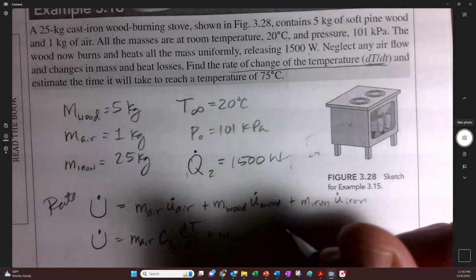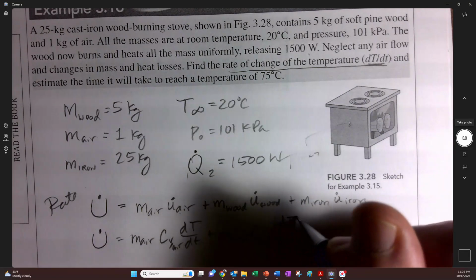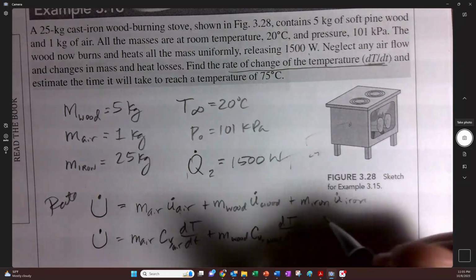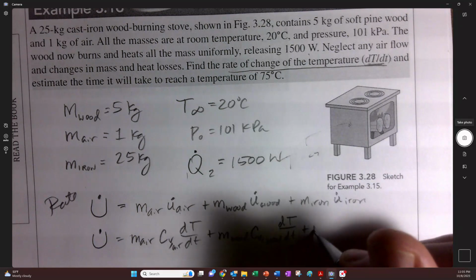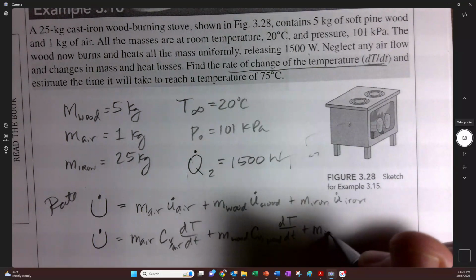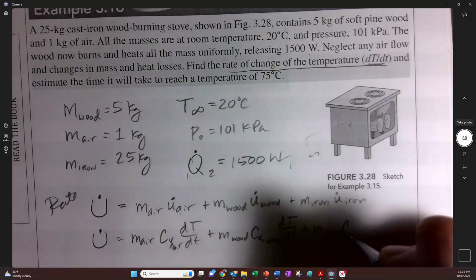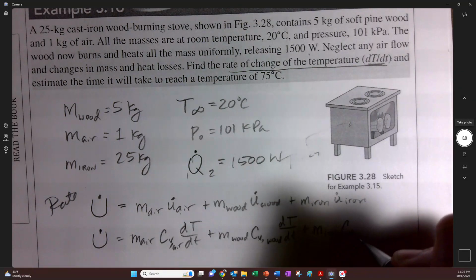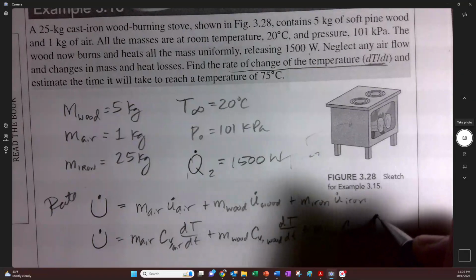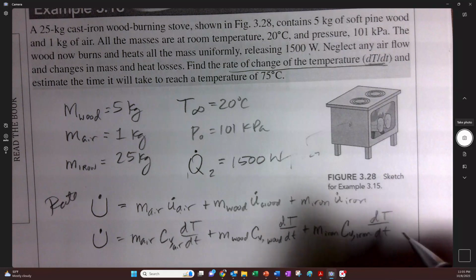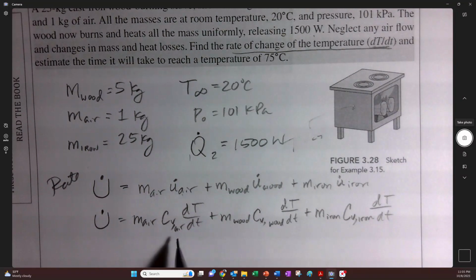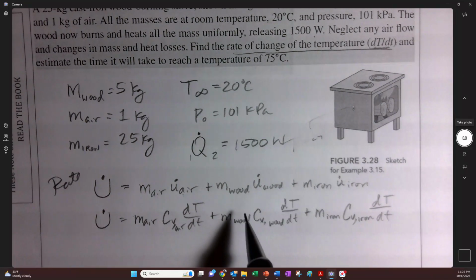I think they might do it in the back of the book, now that I think about it. But it says in the book that you usually just leave it out, and I think in the examples, they just leave it out. So here's the iron, dT/dt. And so you can see we can lump all of them together.